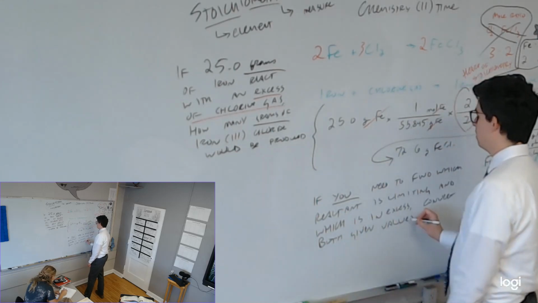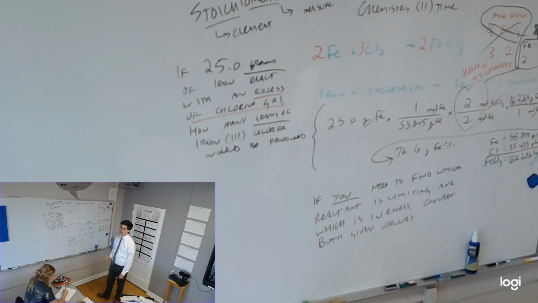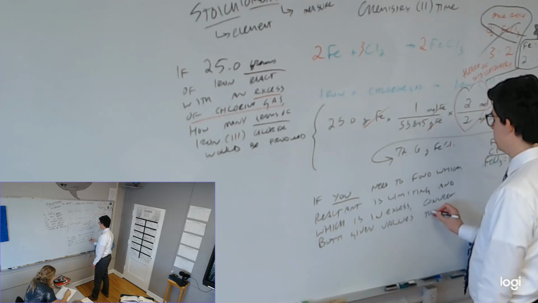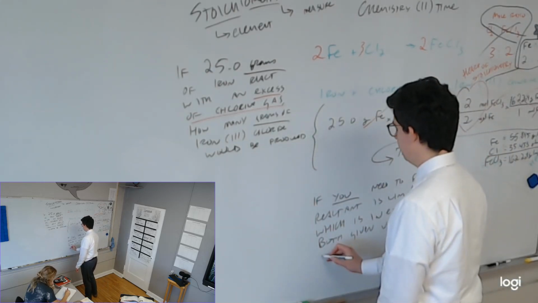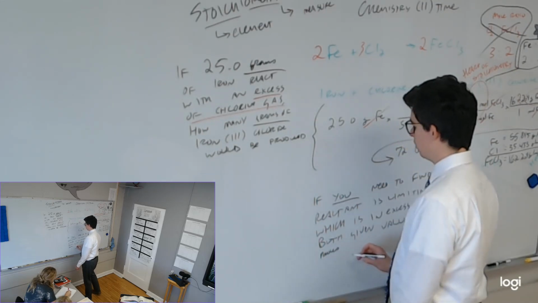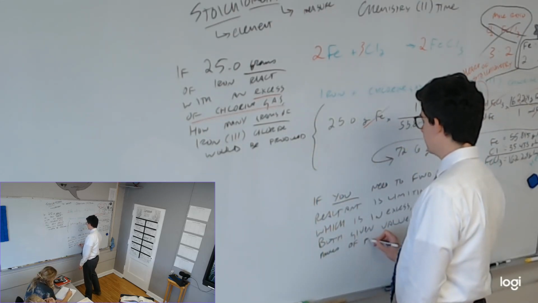You'll be given like 15 grams of sodium reacts with 20 grams of water, which is the limiting and which is the excess. That would be the kind of problem. You convert both given values to moles of product.